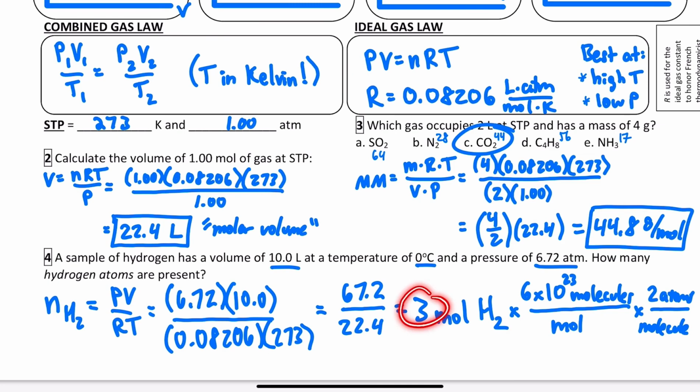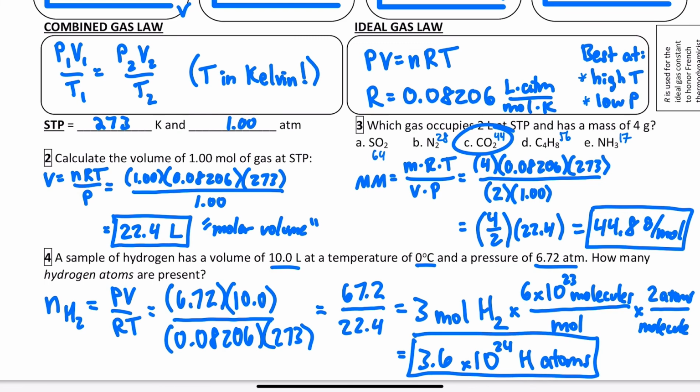So I get 3 times 2 times 6.02, that's 6 times 6 is 36 times 10 to the 23 atoms, so that's 36 times 10 to the 23. That means I get 3.6 times 10 to the 24 H atoms when all is said and done.